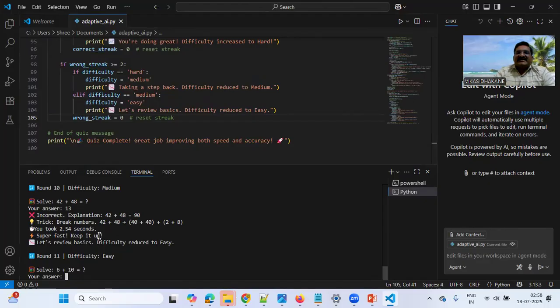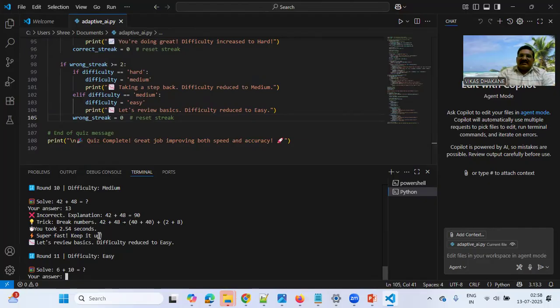So he's adjusting his way of teaching. The teacher in real life is adapting his teaching style so that the performance of the student can be improved.